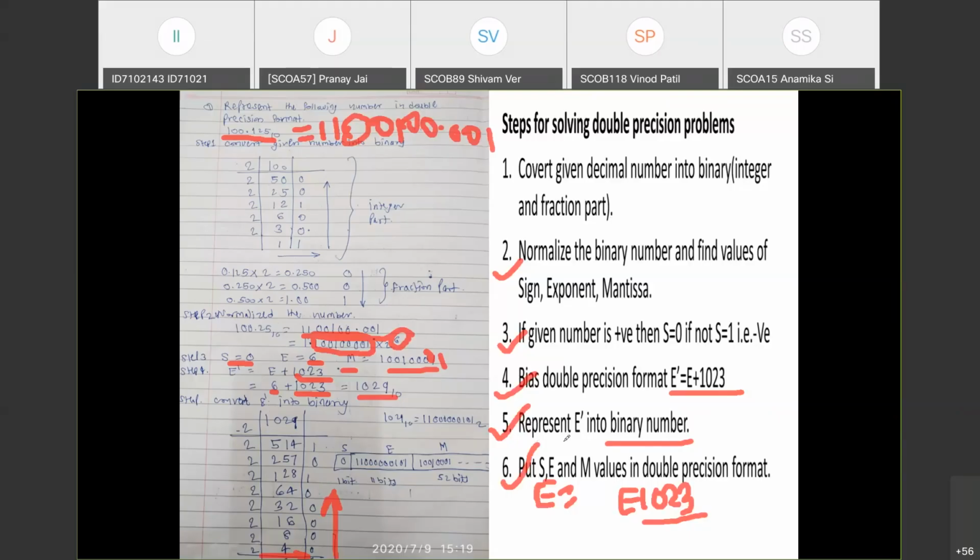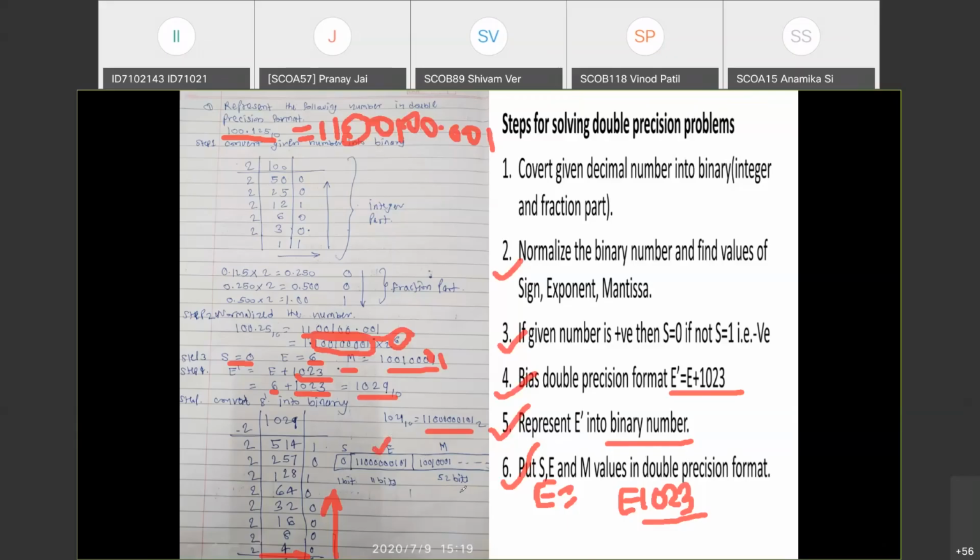In that we need to put the values of S, that is the sign bit, E means exponent, and M means the mantissa in double precision format. Now S has the value 0, which is 1 bit. Exponent is 11 bits, so the exponent value we are getting here is written here.